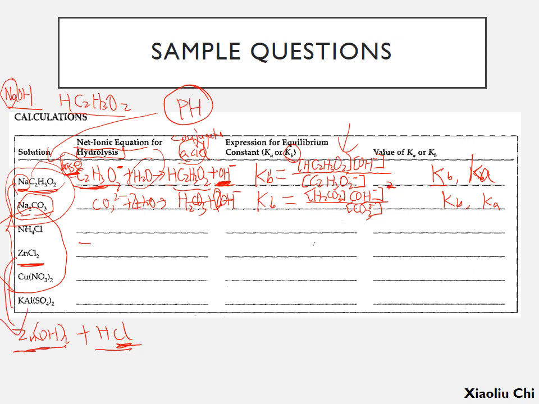So zinc will hydrolyze back to this weak base. So you write zinc 2 plus water forms zinc hydroxide plus proton.